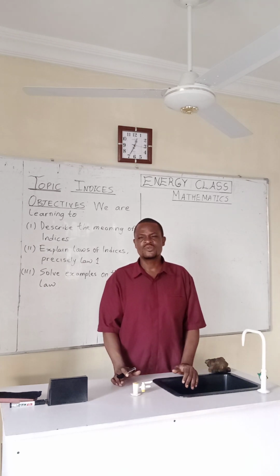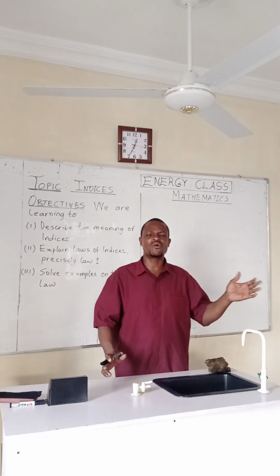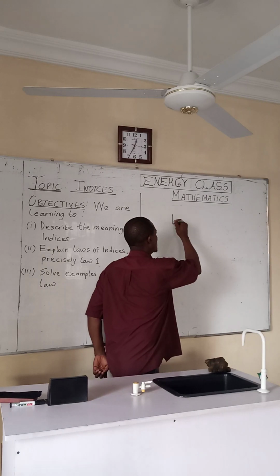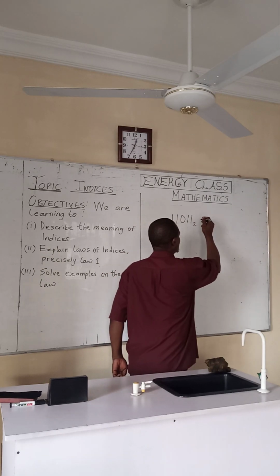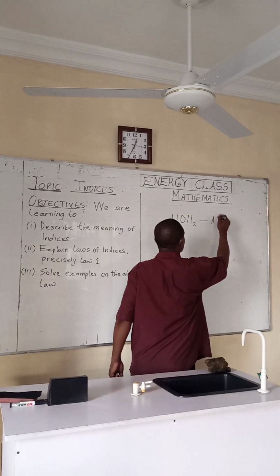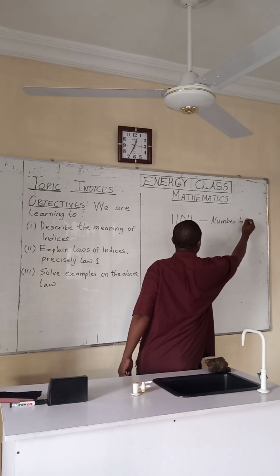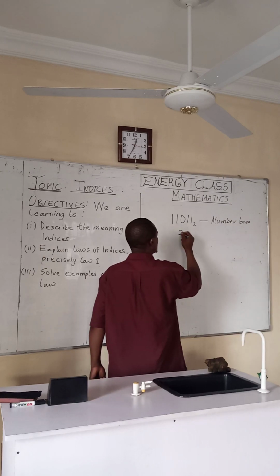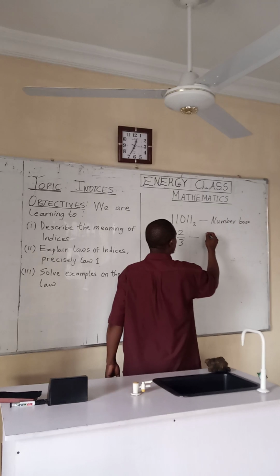Just like we have some other form of numbers like 1, 1, 0, 1, 1 base 2, which happens to be a form of number called number base. We also have 2 over 3, which is called a fraction.